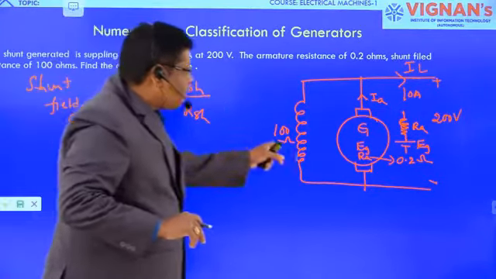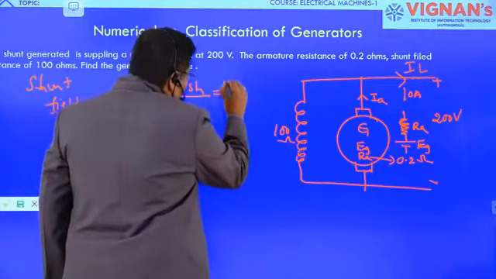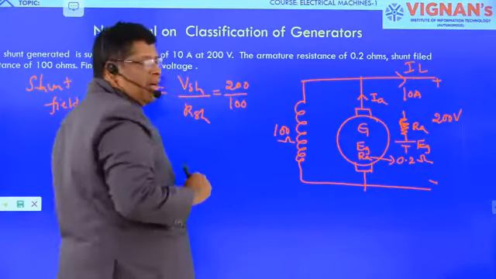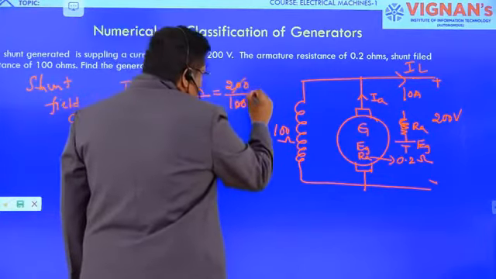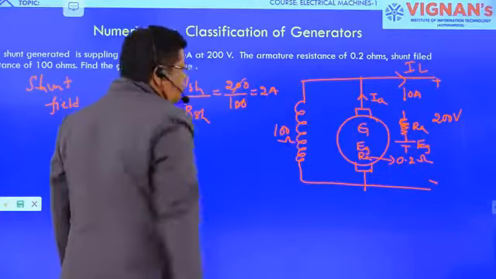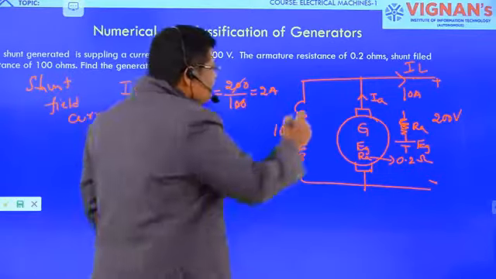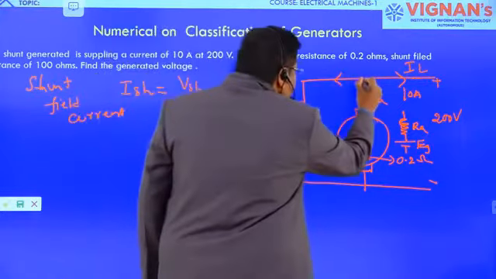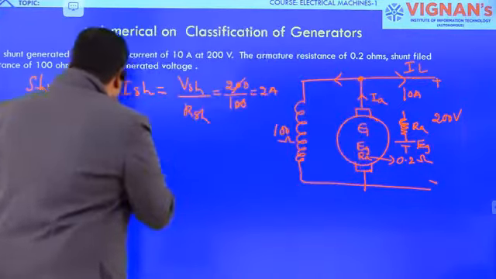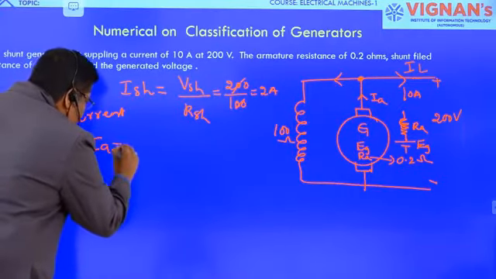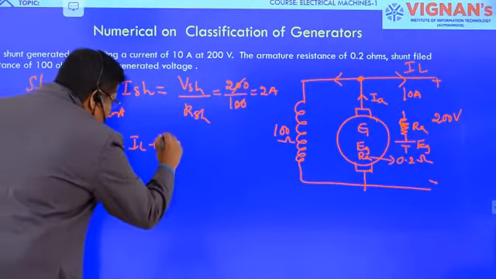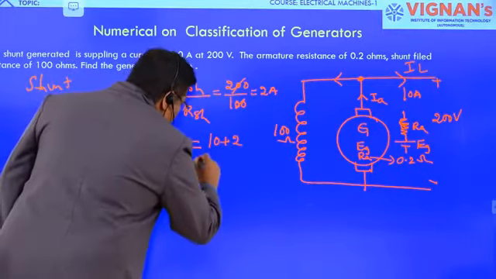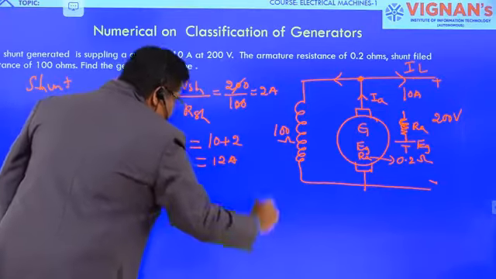The voltage across the shunt field is 200 divided by 100, which gives 2 amperes. See, this current is flowing in this manner. Now if you apply Kirchhoff's current law at this point, the armature current IA equals IL plus ISH, that is 10 plus 2, equal to 12 amperes.